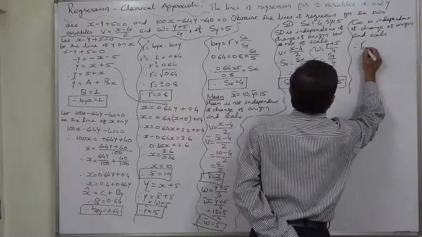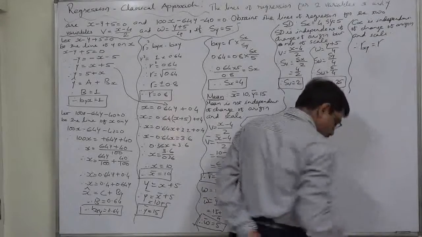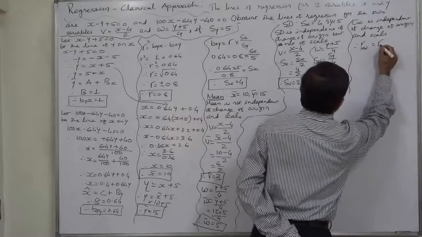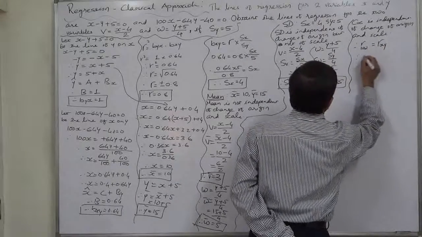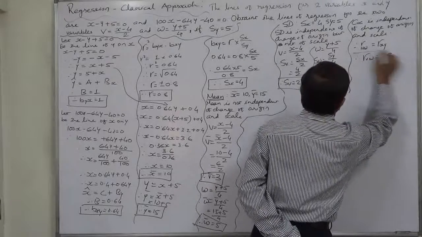Therefore, the coefficient of correlation between V and W equals the coefficient of correlation between x and y. Therefore, it is unchanged, 0.8.